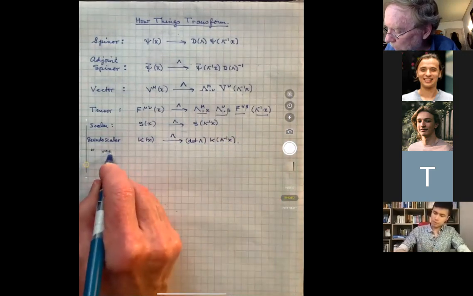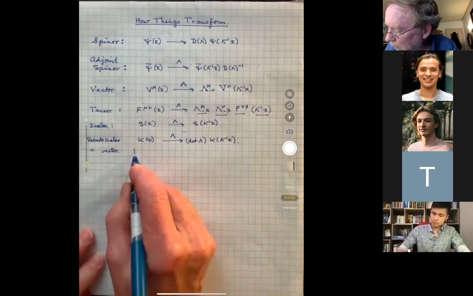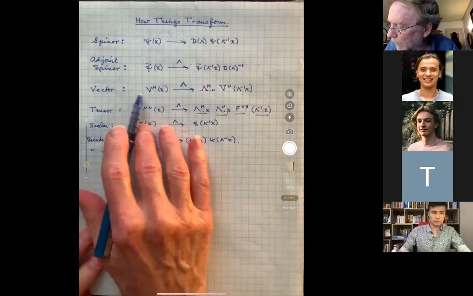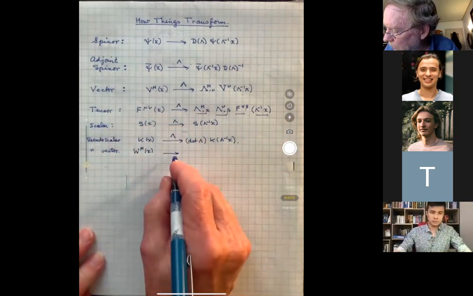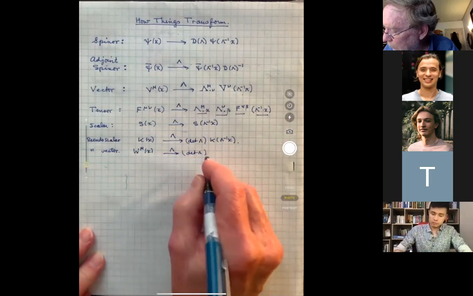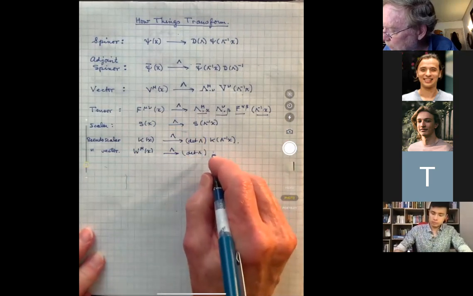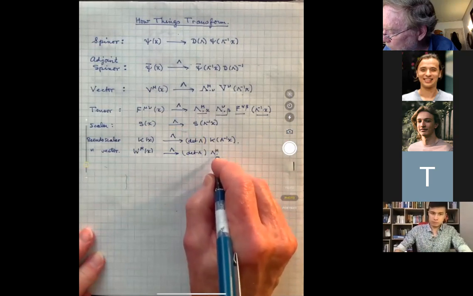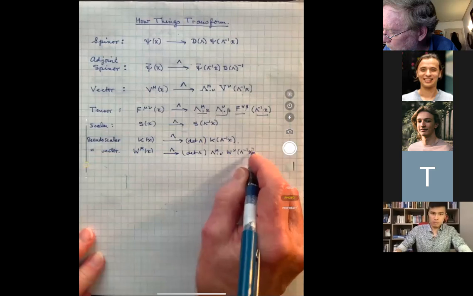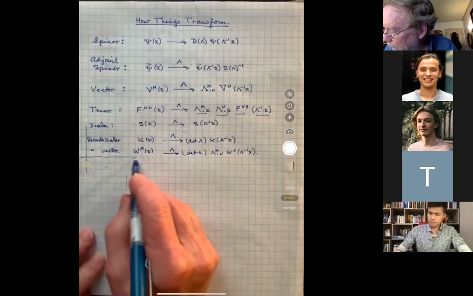Likewise, a pseudovector, let me call it W mu of x, in contrast to a true vector v, ought to transform this way. This goes into determinant of lambda times lambda mu dot nu times W nu of lambda inverse x.